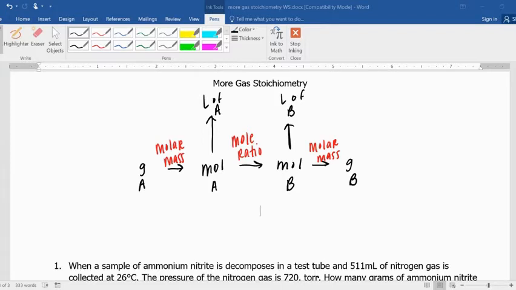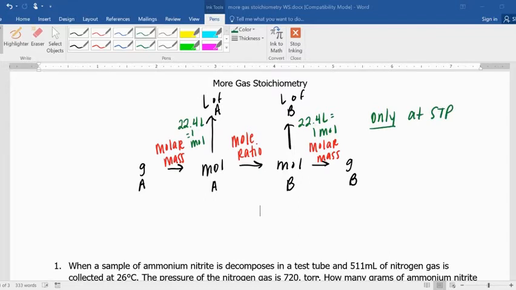And in order to do this, we can use 22.4 liters equals 1 mole of gas. But this green step from moles to liters or liters to moles only works at STP.